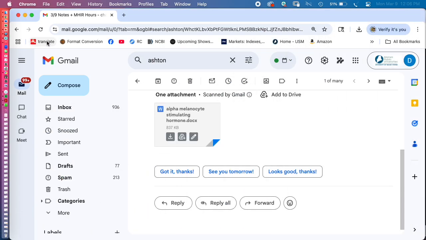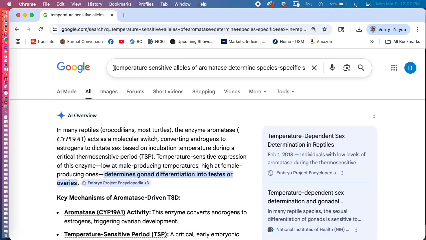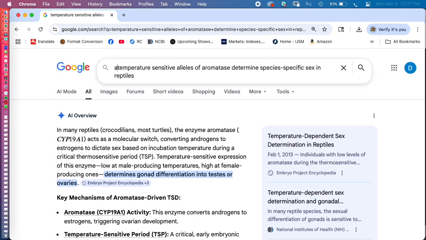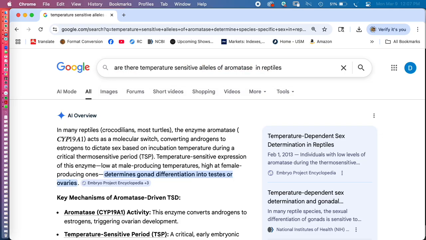There are cases where it's like, okay, this one is developmental, like Luke's is developmental, something that's for sure developmental.